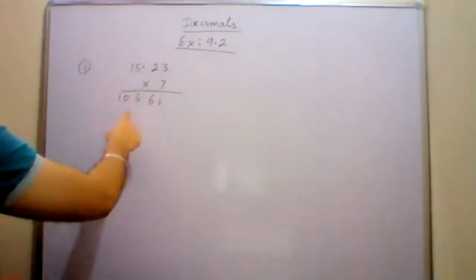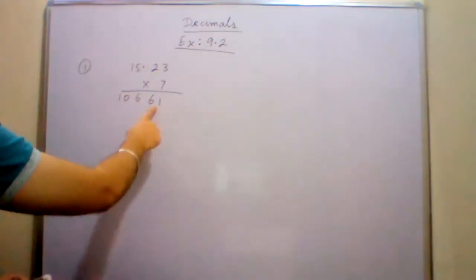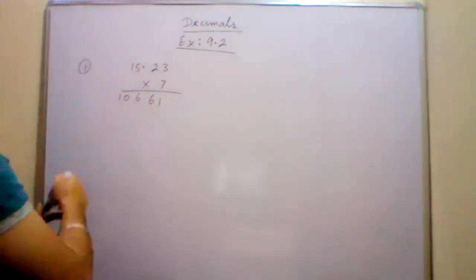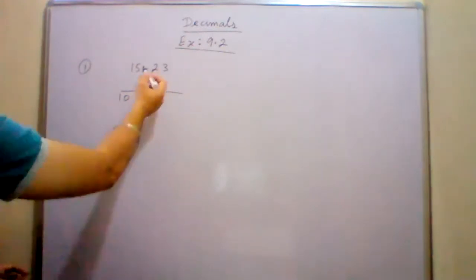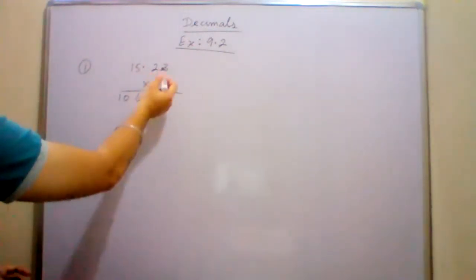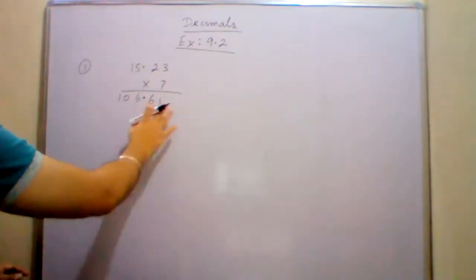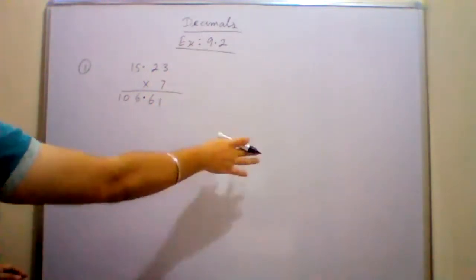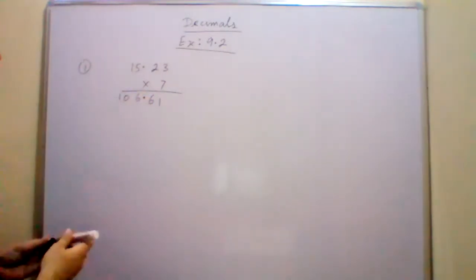So in your answer, start from the right-hand side, count 2 digits, leave 2 digits and then insert a decimal, because there are 2 decimal digits in the question.